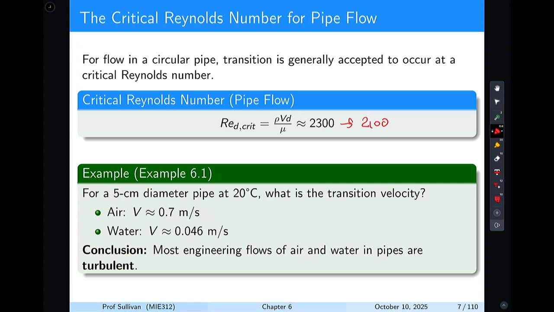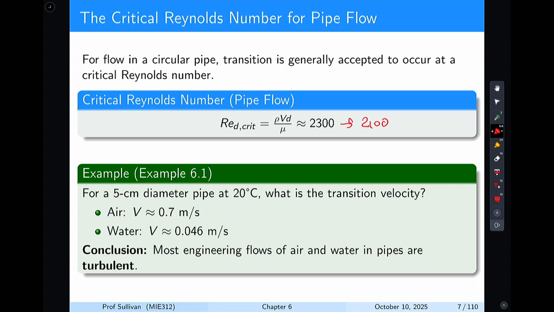You can see the first application of this really important dimensional group, the Reynolds number. Reynolds number based on diameter is rho v diameter over dynamic viscosity, mu. For a 5 centimeter pipe at 20 degrees C, you can see what the differences are.